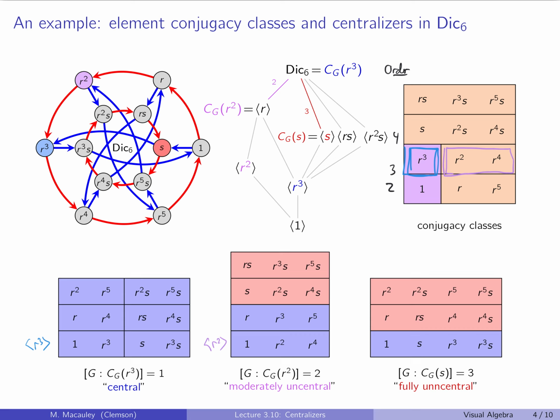So the centralizer has index 3. So we say that s is fully uncentral. And not surprising, up here, if you look at the conjugacy class that contains s, it has size 3. So that's a preview as to where we are going.